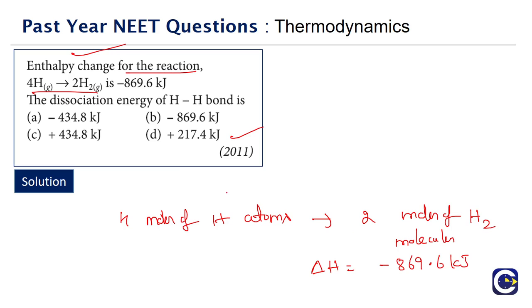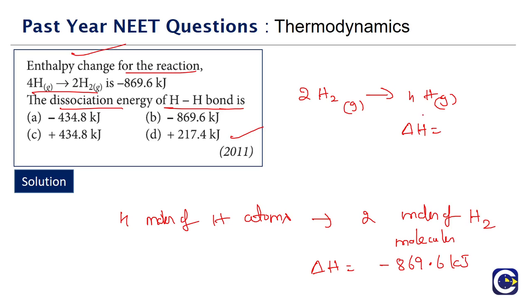What they are asking is the dissociation energy of the hydrogen bond. So we are talking about the dissociation of the bonds. If you reverse this given reaction, 2 moles of hydrogen molecules will give 4 moles of gaseous hydrogen atoms.